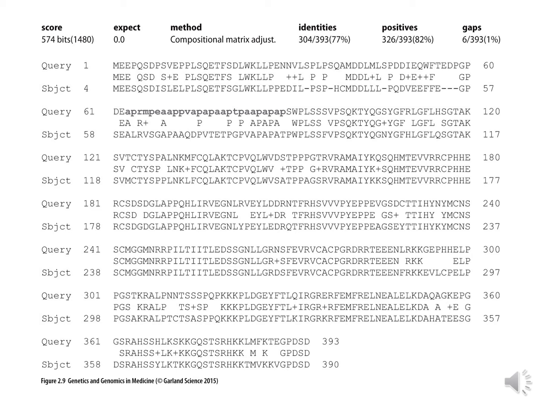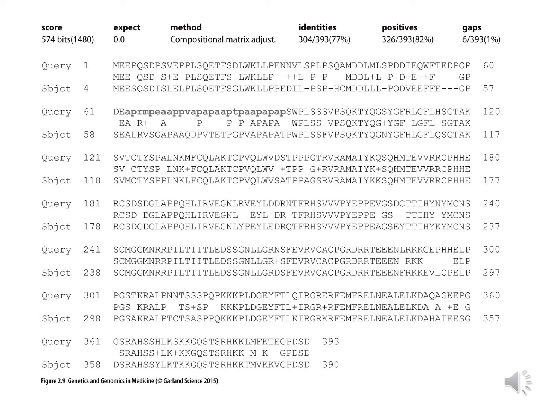The output lists the human p53 protein sequence as the query sequence and the mouse p53 sequence as the subject. The alignment is slightly skewed because extra amino acids can be found in one sequence that are lacking in the other. For example, the mouse p53 protein has an extra 3 amino acids at its N-terminus.